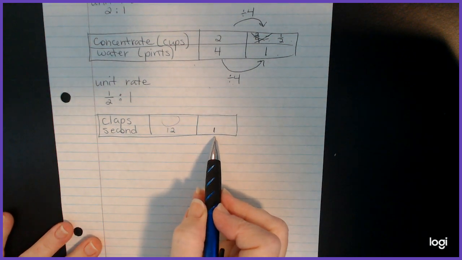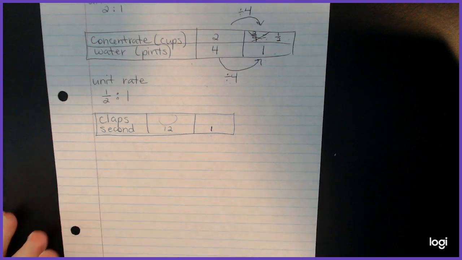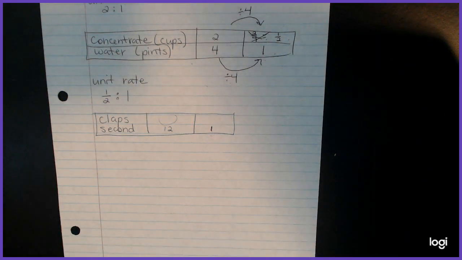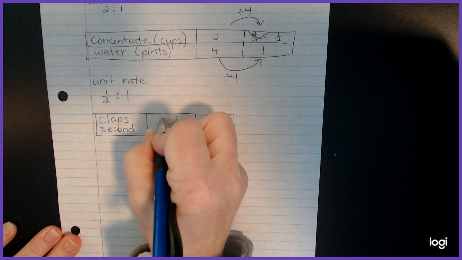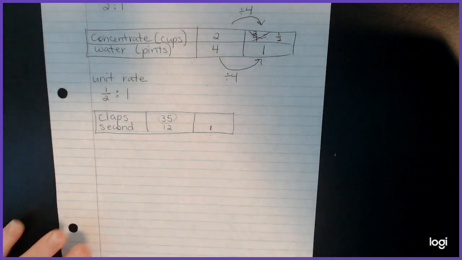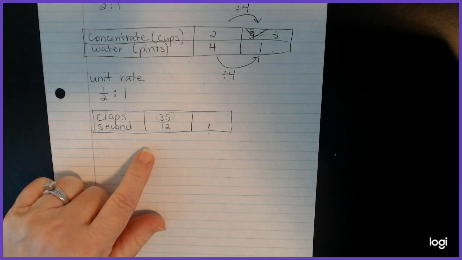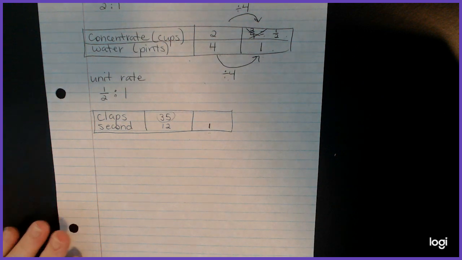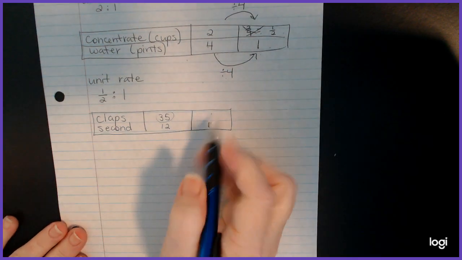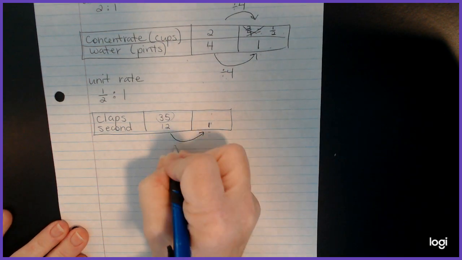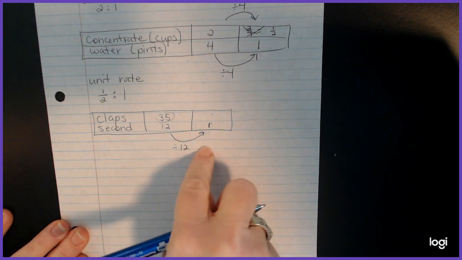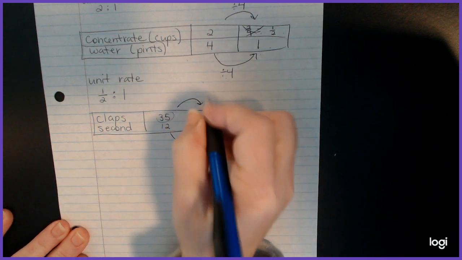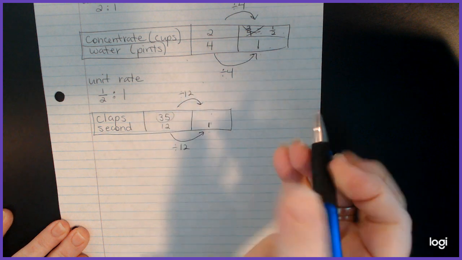Per second, 1 second. So for example, if you remember, I think I wrote down on mine that I did 35 claps per second, or I'm sorry, in 12 seconds. In order for me to find out how many claps I did in 1 second, obviously we are all going to divide by 12 here to get this, which means I'm going to have to divide by 12 up here.